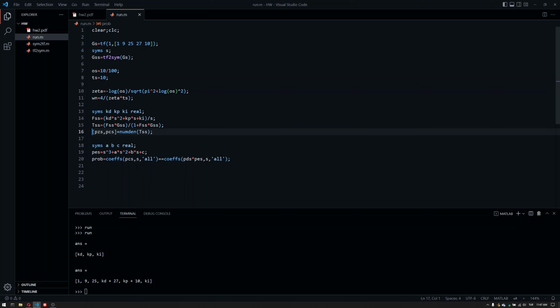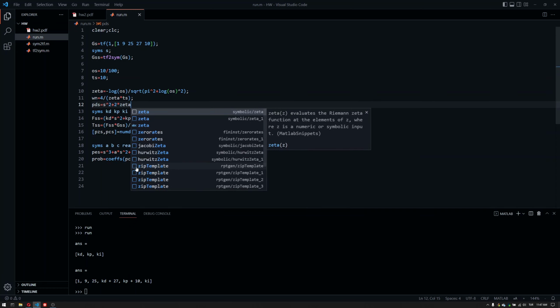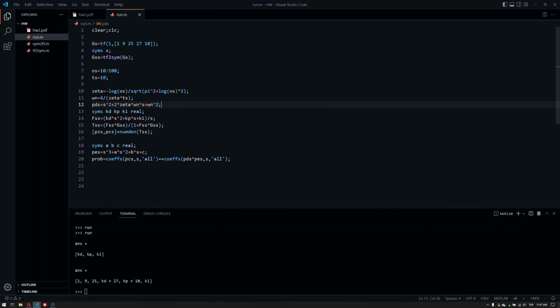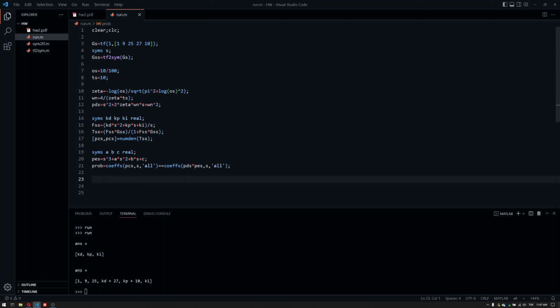Of course, we didn't define what PDS is. Let's quickly do that. Here, PDS equals s squared plus 2 times zeta times omega n times s plus omega n squared.